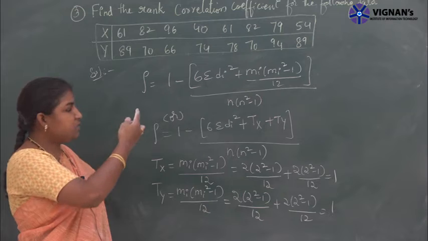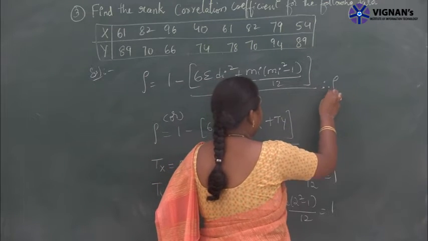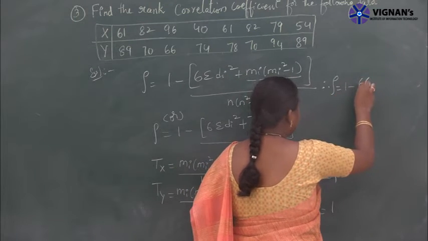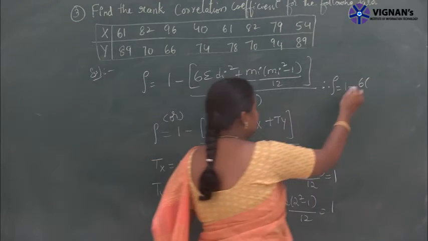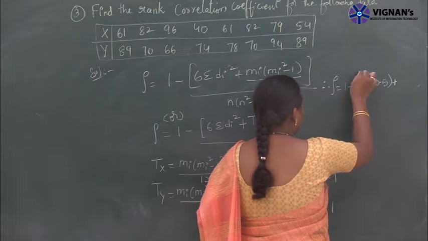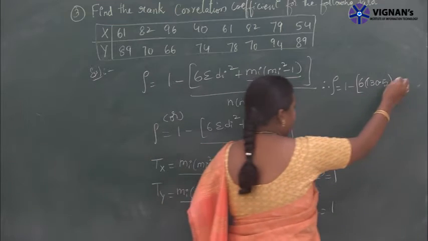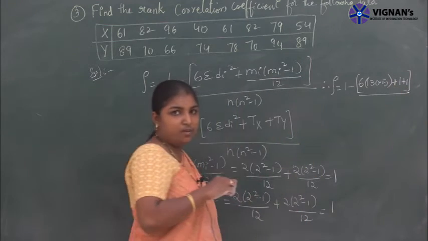So now we substitute these values into the formula. Therefore, rho is equal to 1 minus 6 into summation di square. Already we know that summation di square is 130.5, plus tx and ty. Tx is equal to 1 and ty is 1, so 1 plus 1, by n into n square minus 1.